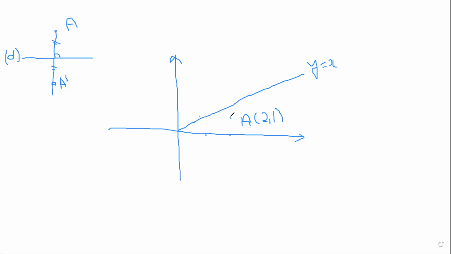So in this case, how do we make the symmetric of A with respect to D? A is (2, 1), and the image should become (1, 2). We draw the perpendicular first like that. Then we take the same distance. This is B, but my figure is not correct. So B will be (1, 2).